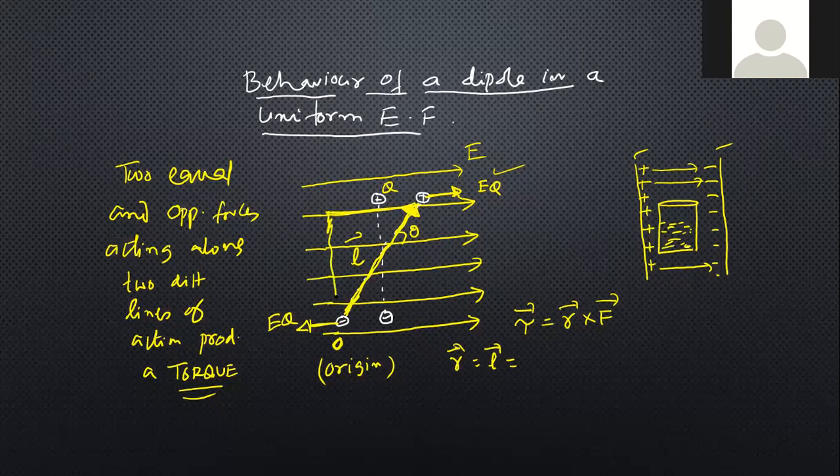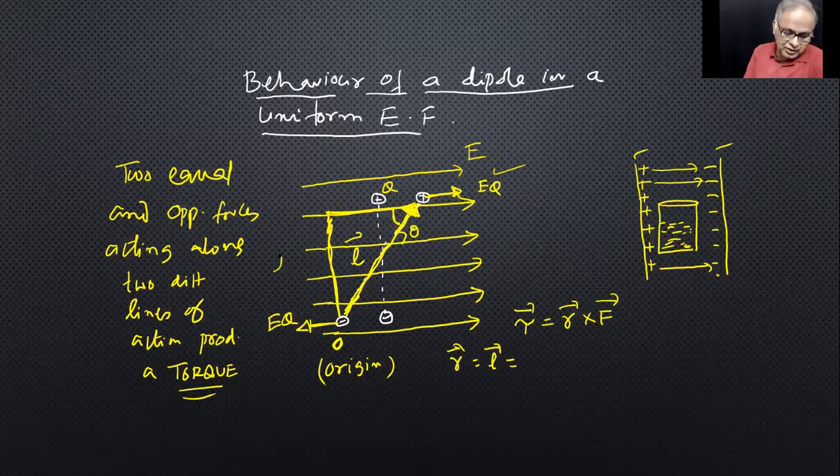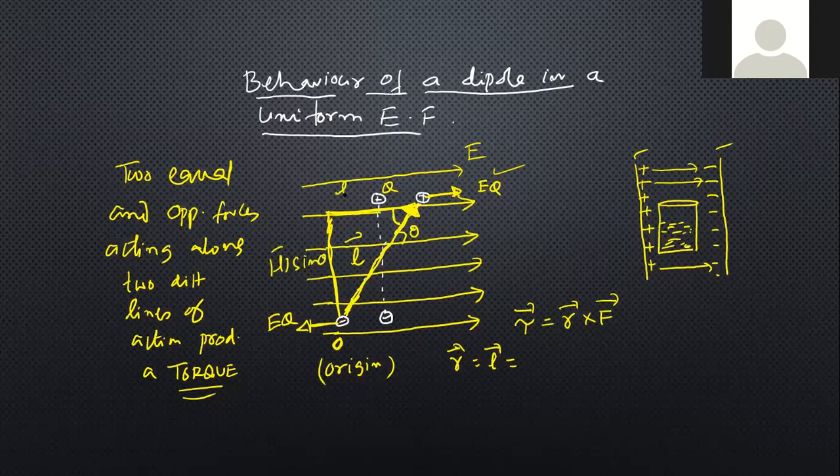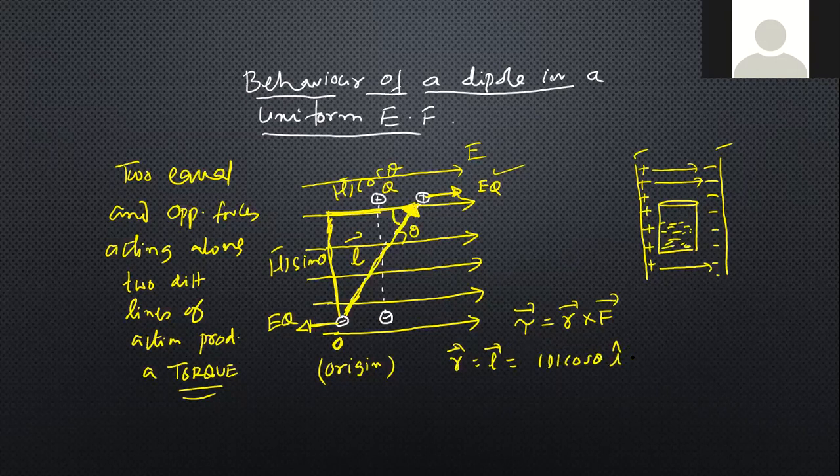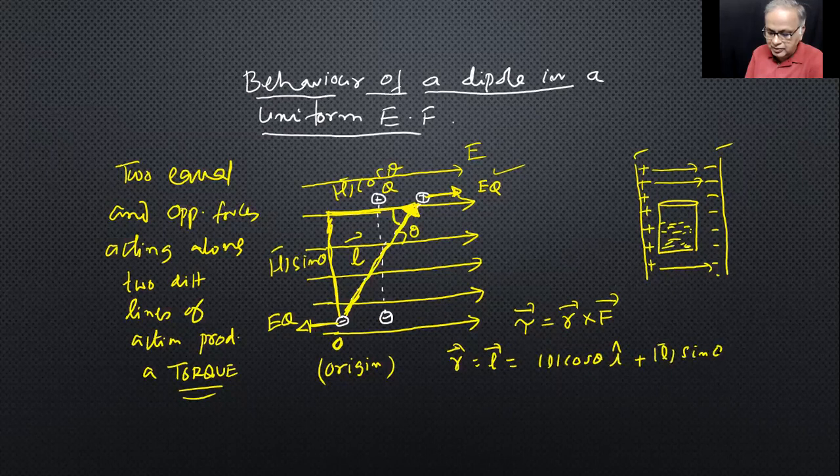If this is theta and this is 90, the angle above will be theta. So this is L sin theta, and this is L cos theta. So if this is my origin, what is L bar now? Modulus L cos theta i cap plus modulus L sin theta j cap.